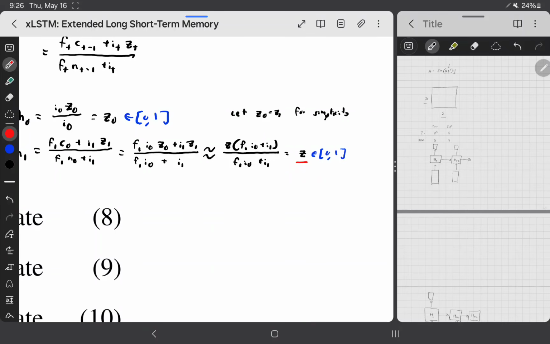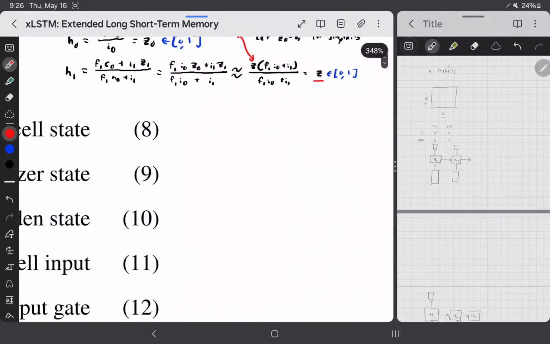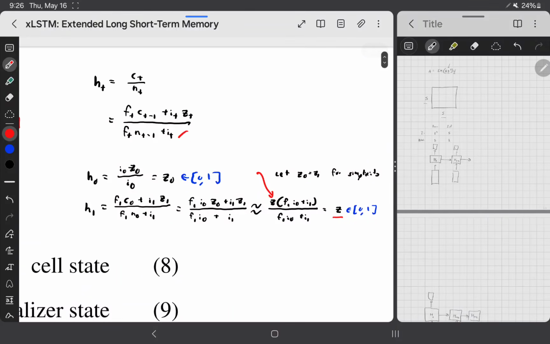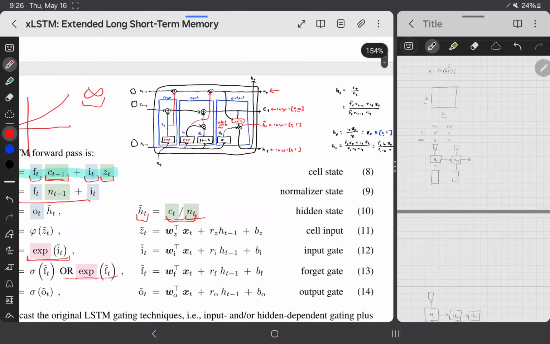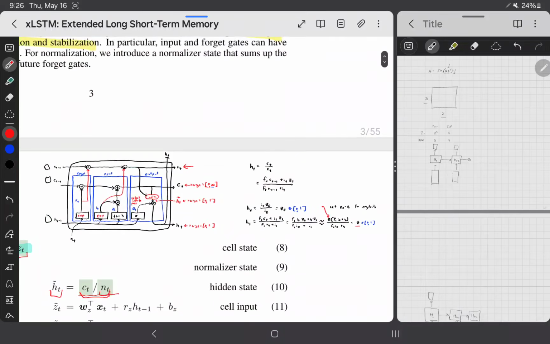This is just looking at the magnitude rather than the exact values. So the magnitude stays stable across states rather than exploding from negative infinity to infinity, because you have this normalization hidden state here. That's the idea behind the normalization, and they have a better proof in the end. I just thought this was more intuitive.